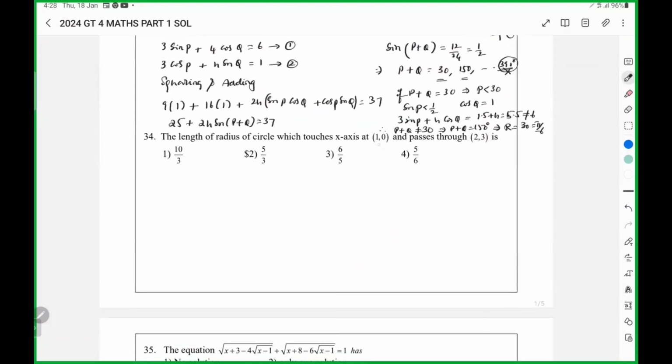The length of a circle which touches the x-axis. The circle touches the x-axis at 1 comma 0, so it definitely passes through that point also.